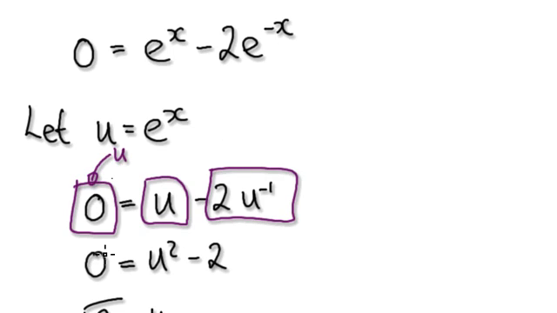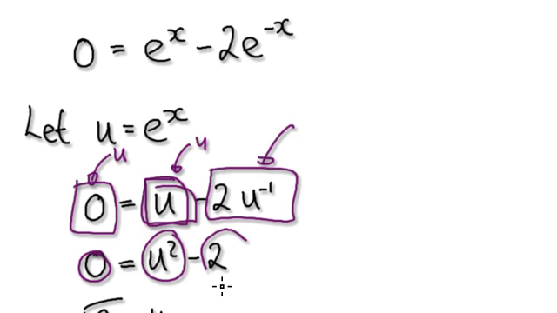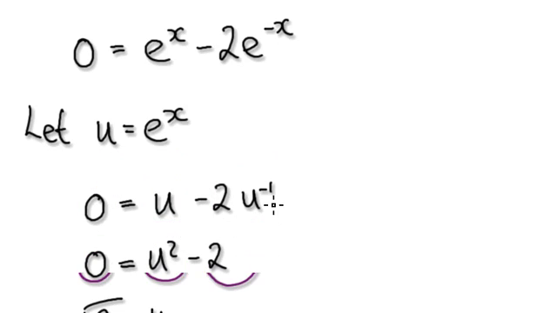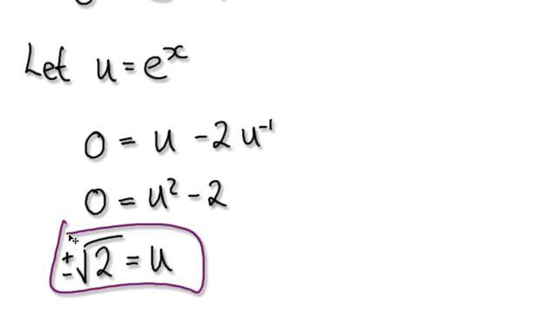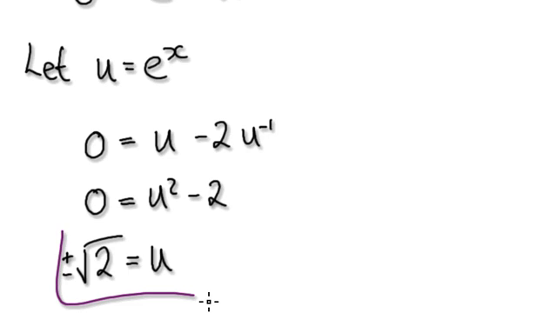So this times u will be 0, this times u will be u squared, and this times u will be 2. Now add 2 to both sides and then square root, so u equals positive and negative square root of 2.